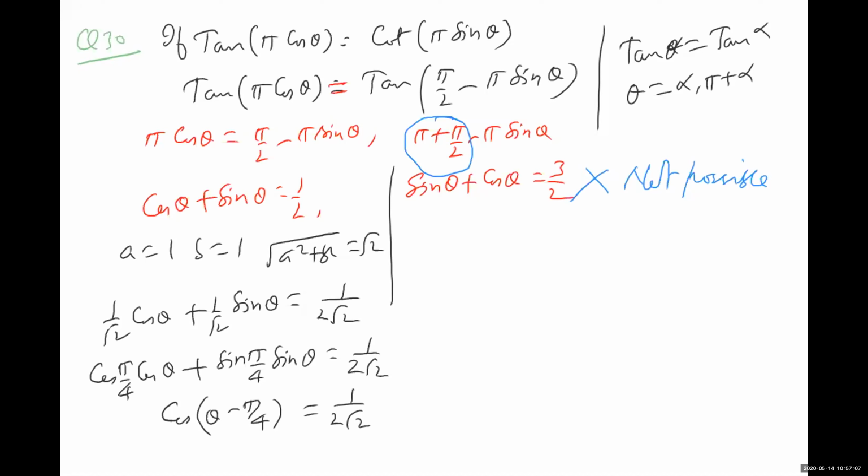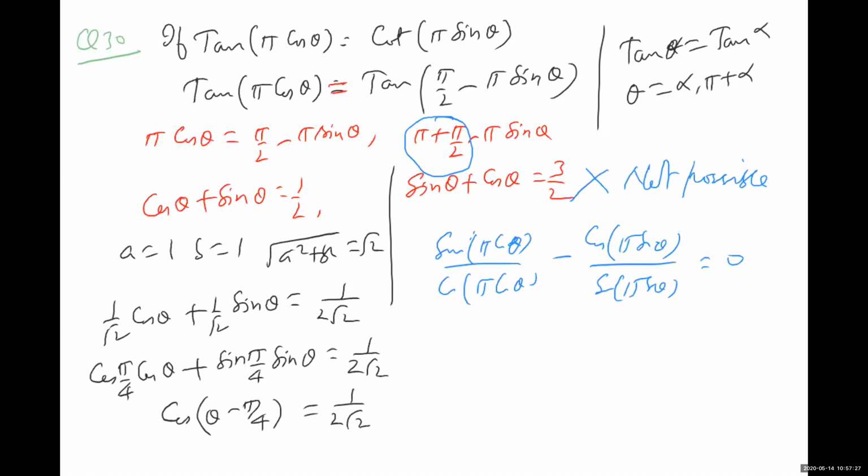For that, what you can do, you can write this as sin(pi cos theta) upon cos(pi cos theta) minus cos(pi sin theta) upon sin(pi sin theta) is equal to 0.